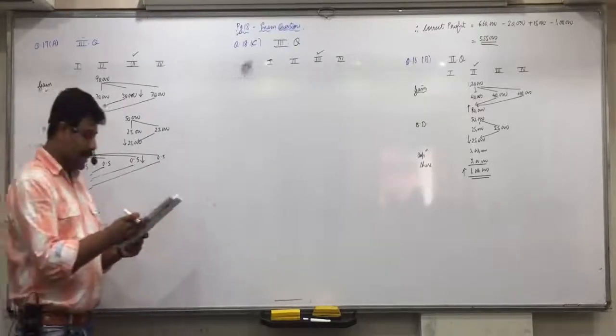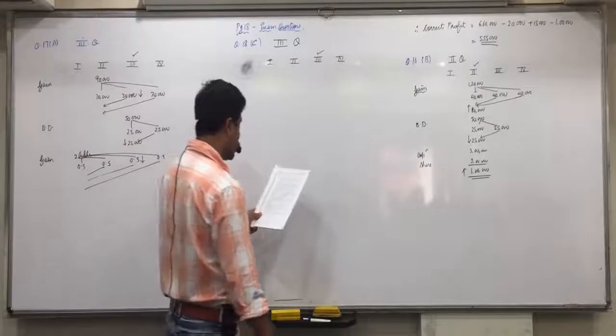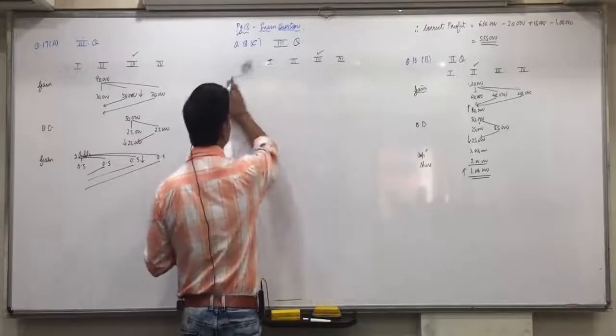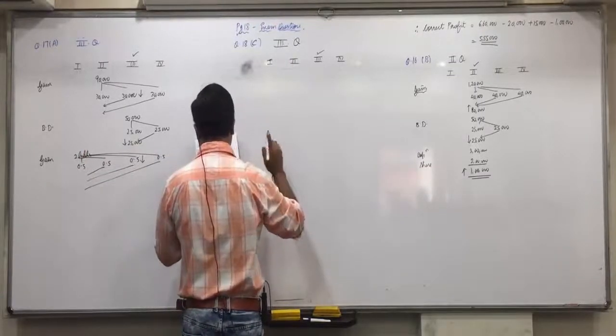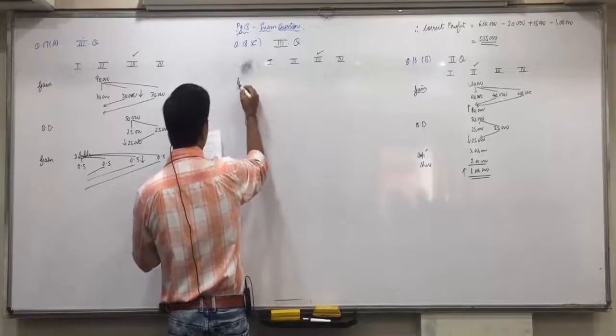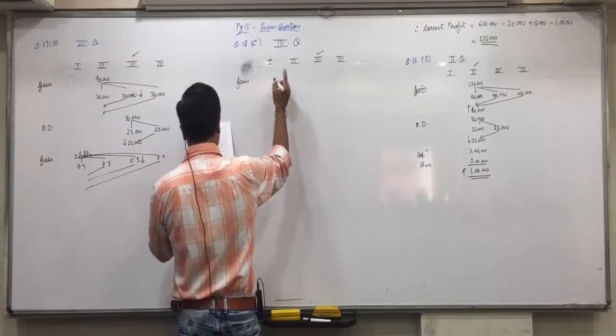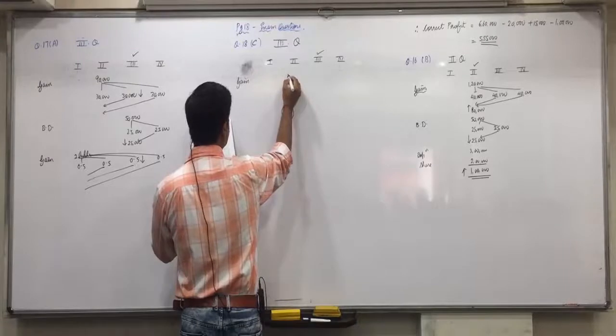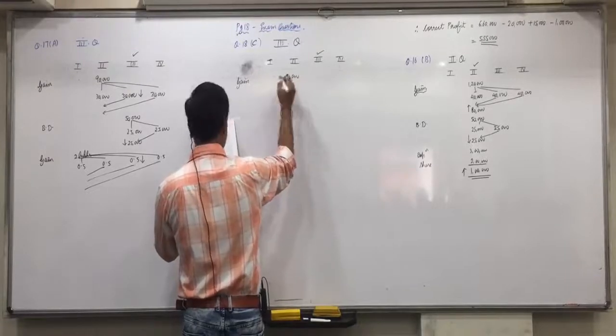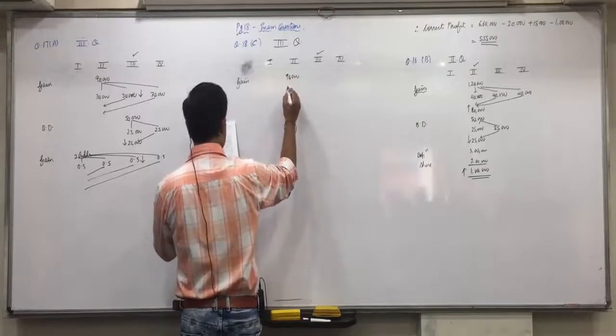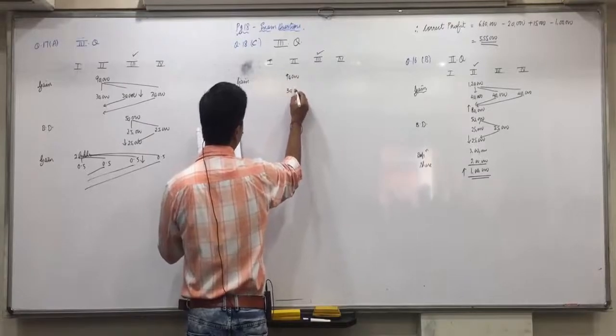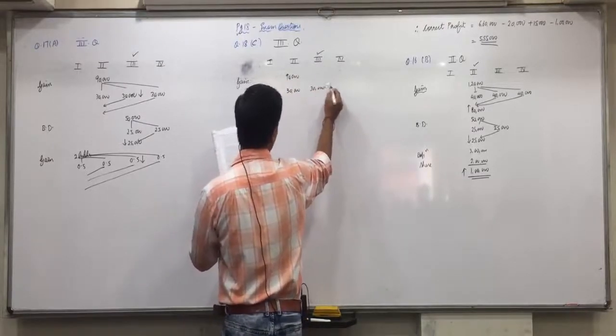X Limited has a net income of 12 lakhs for the quarter ended on 31st December, means third quarter. First one, 90,000 of extraordinary gain received in July, second quarter. Now, it was allocated equally to second, third and fourth quarter, means we have taken 30, 30, 30.